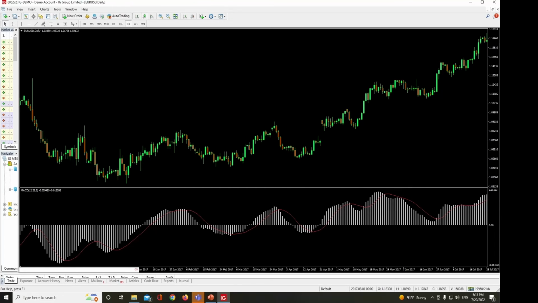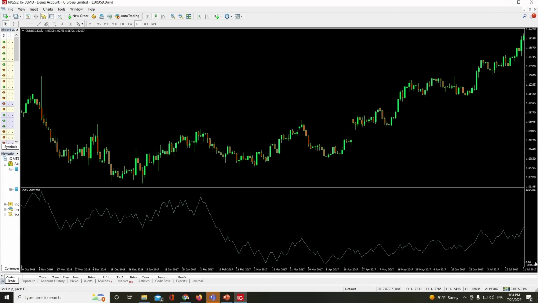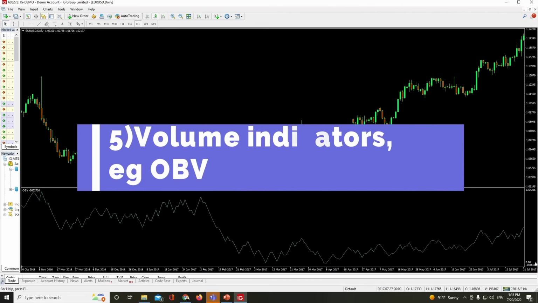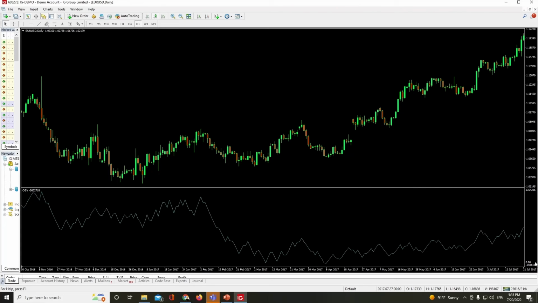Our last indicator we will see measures volume, the OBV, on balance volume. Remember that in this episode we are oversimplifying them to get an idea. You can find all the information for all of them in the links in the description below: formulas, modifications, pros and cons, how they behave in real markets, and many other useful information.